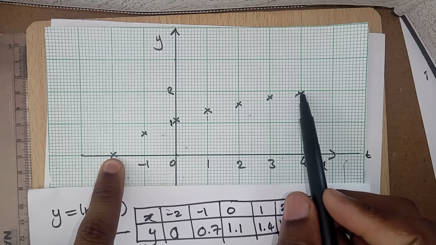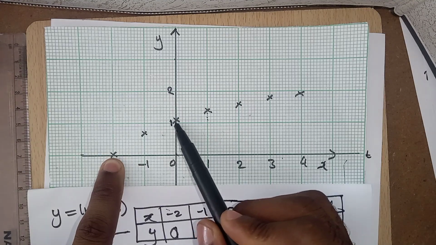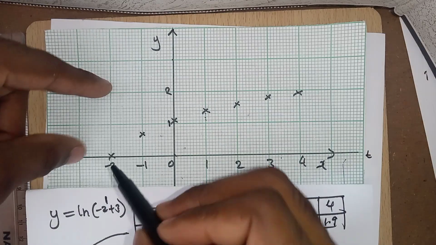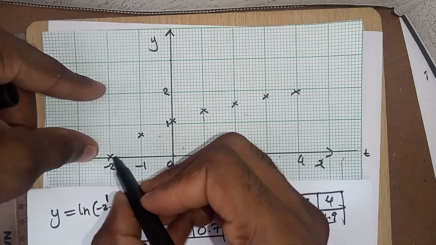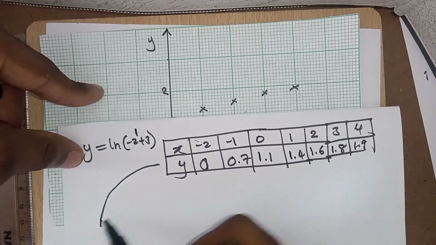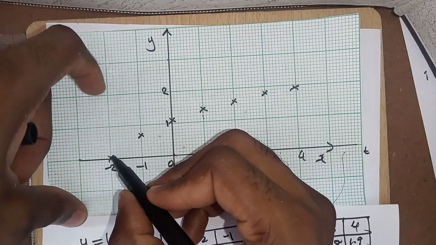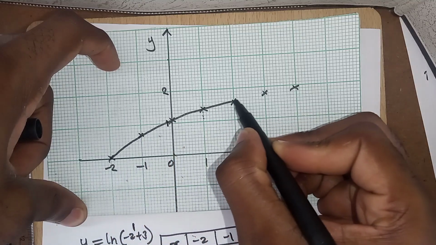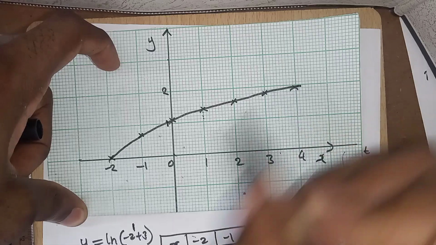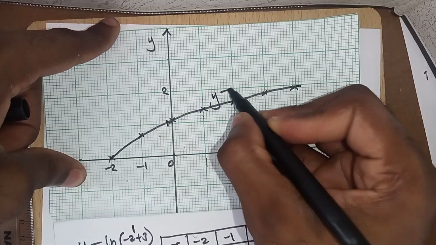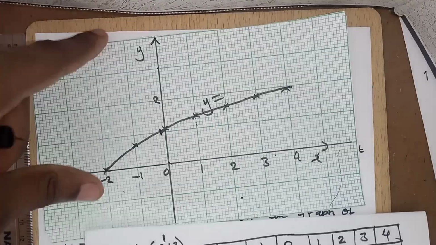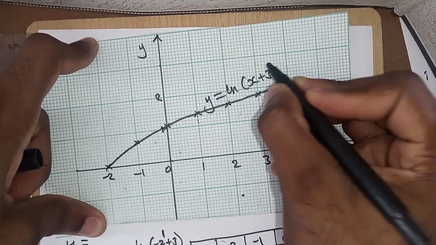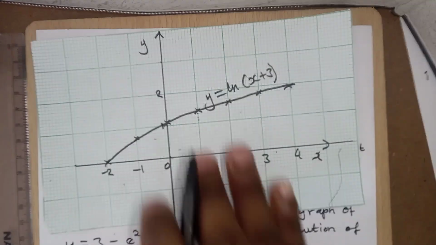Just the starting point, the x-axis, the y-intercept, and the last point will be enough for you to know the curve, provided you know what the shape looks like. So you have something like this. And then you can name it y is equal to ln x plus 3. Then you are done.